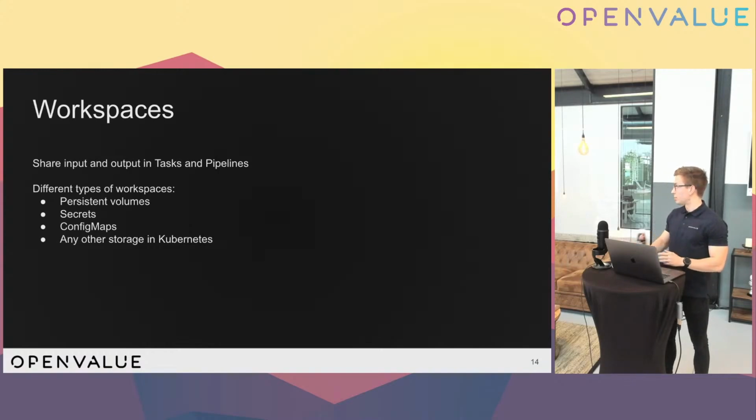There are different types of workspaces that you can define, for example persistent volumes, which are used often, for example to check out source code from GitHub. Then in the next task, you run your Maven task to compile it or create a jar. You can include secrets, configuration maps, or pretty much any other type of storage that you have available in Kubernetes.